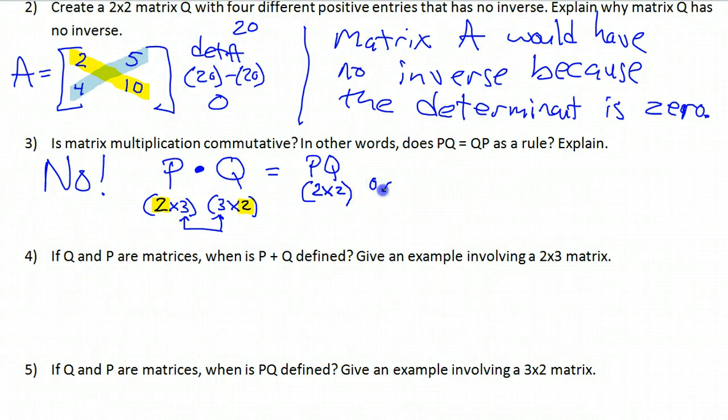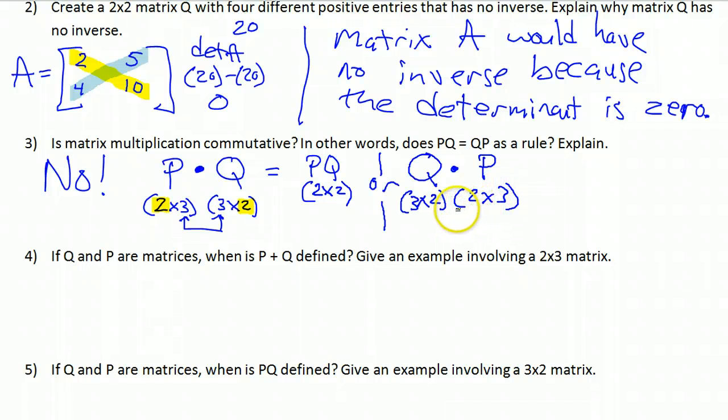On the other hand, that's one situation. Imagine if I took the same matrices but I switched it up. Imagine that I had matrix Q times matrix P. So Q is now a 3 by 2 matrix, and P is a 2 by 3 matrix.